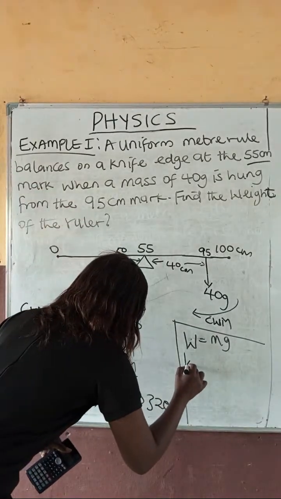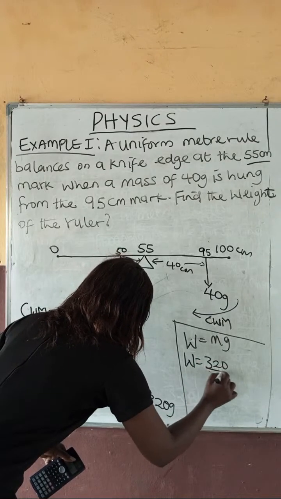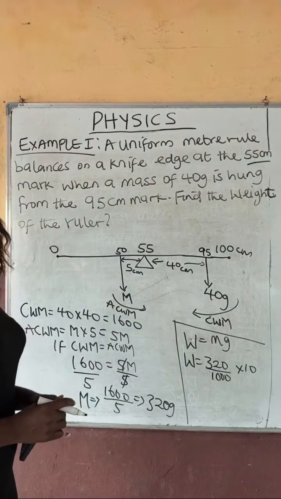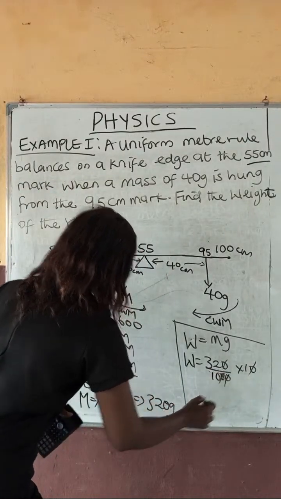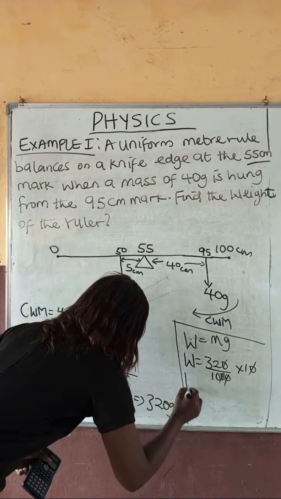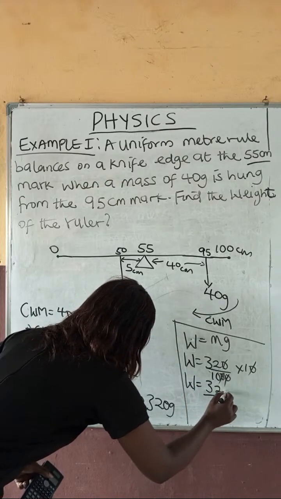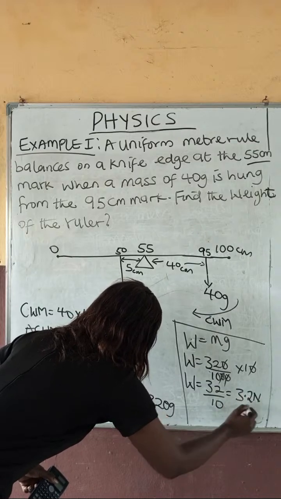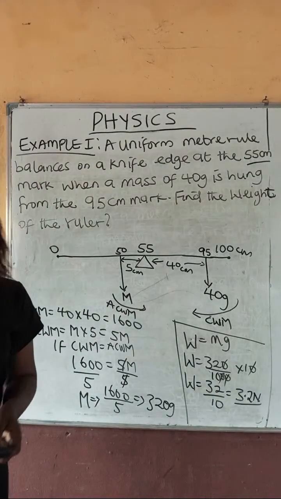So I will say weight is equal to 320 over 1,000 times 10, right? If this cancels this and this cancels this, 32 divided by 10, my answer is equal to 3.2 Newton. Do you understand? Right.